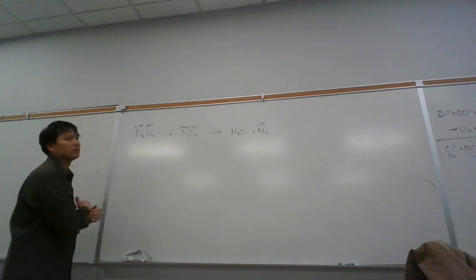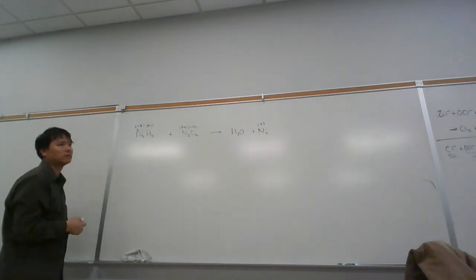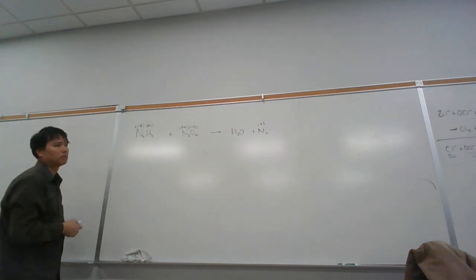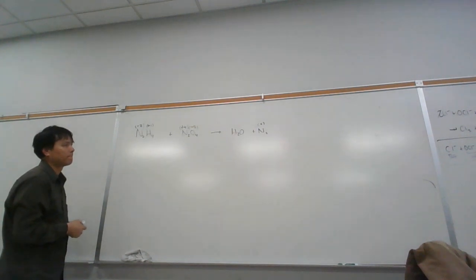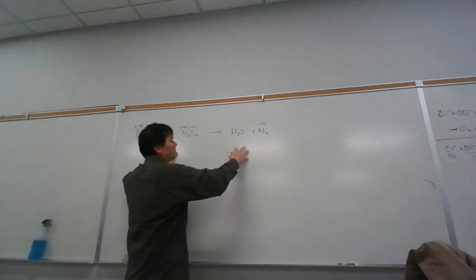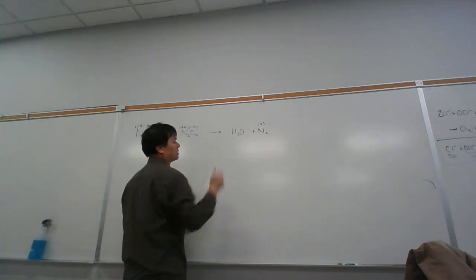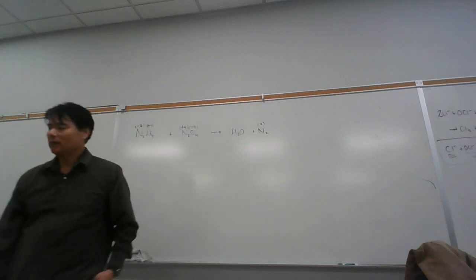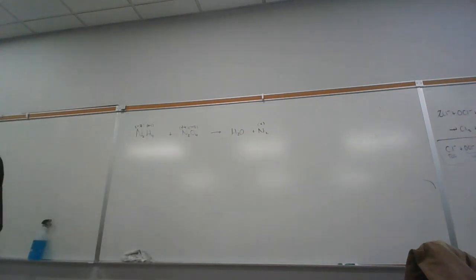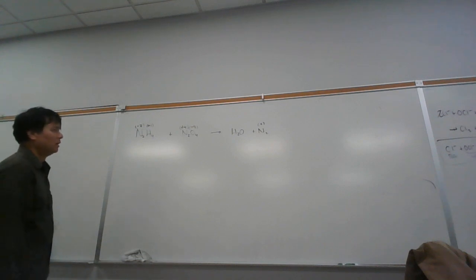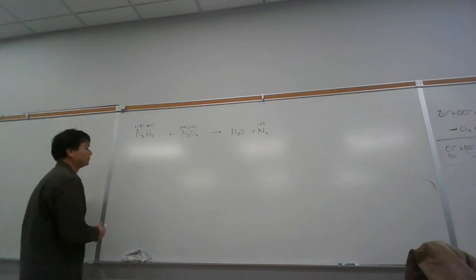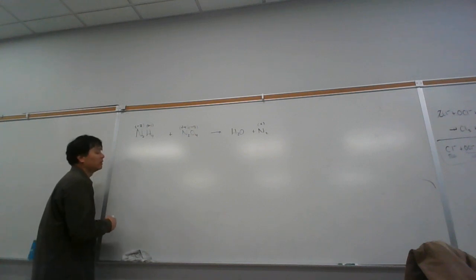But anyway, we got to write a balanced chemical equation for this. If we have all the reactants and all the products, then we just switch the numbers around. If we don't have all the reactants and products listed, then we balance this according to skeleton redox.